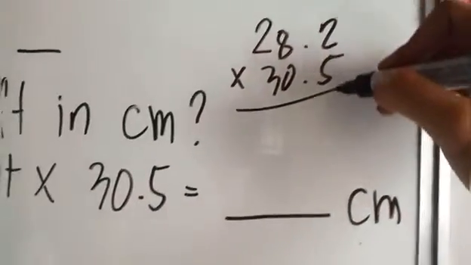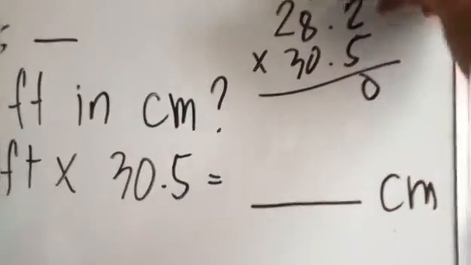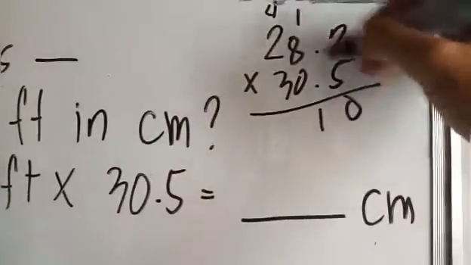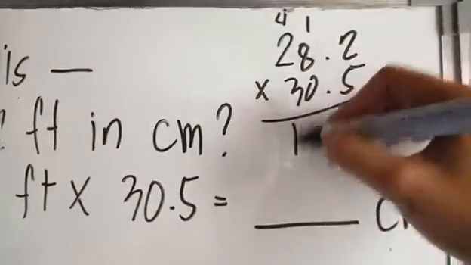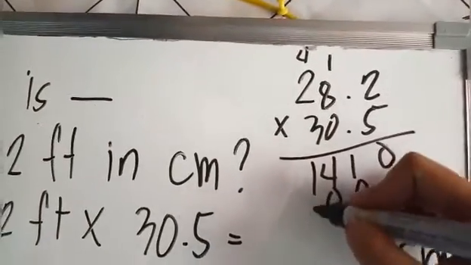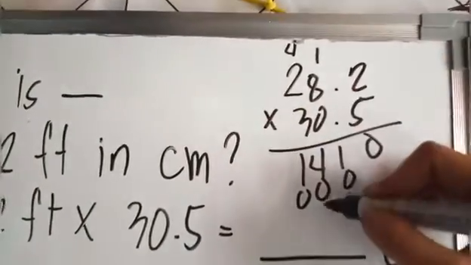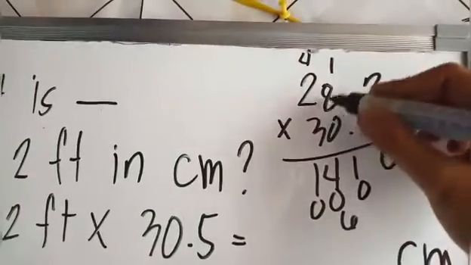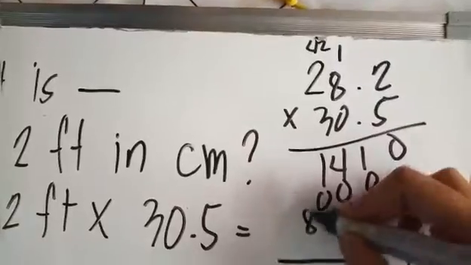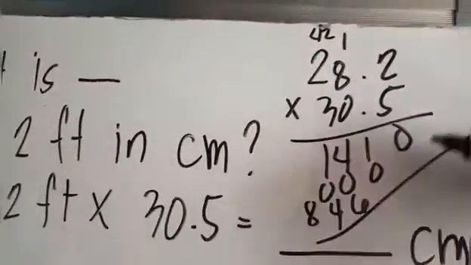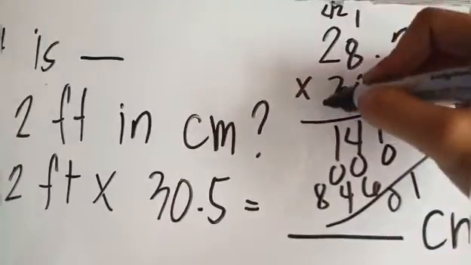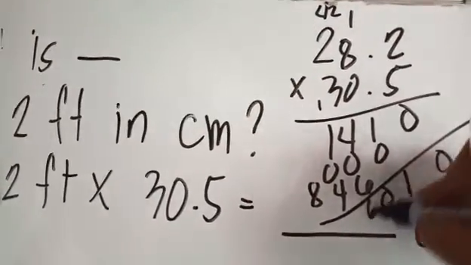So, we have 5 times 2 is 10. 5 times 8 is 40 plus 1, 41. Then, 10, 14. Next, we have 0, 0, 0. Then, magiging 6, 24, carry 2, 6, 7, 8. Then, add lang natin lahat. So, we have 0, 1, 0, carry 1, 5, 6.